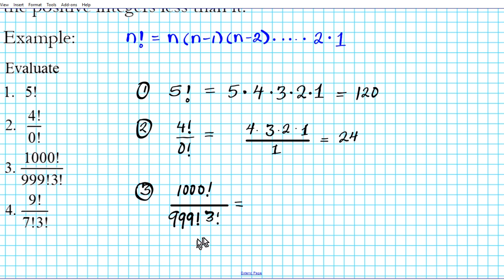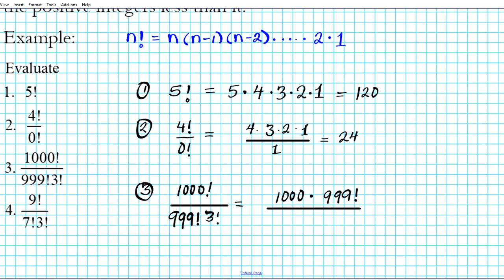So the goal is to cancel out the bigger denominator and decompose the smaller denominator factorial. Alright, let's do it. So 1000 factorial, we're going to count down until we hit 999. So it's simply 1000 times 999. You stop here. Factorial. This is a partial decomposition of 1000 factorial.